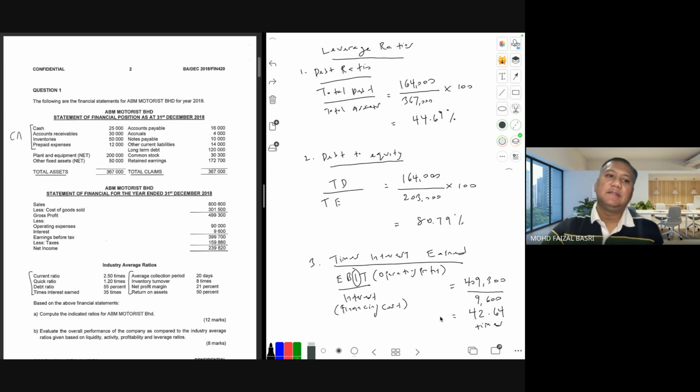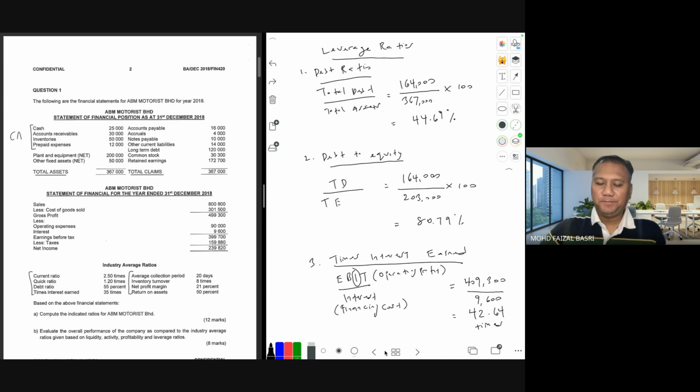So the higher the better. So maknanya tak ada masalah untuk company ni untuk serve dia punya interest. Okay, serve dia punya debt, no issues. Alright, even higher than the industry average. So again, dalam case ni, ABM Trace has a better times interest earn as compared to the industry average.